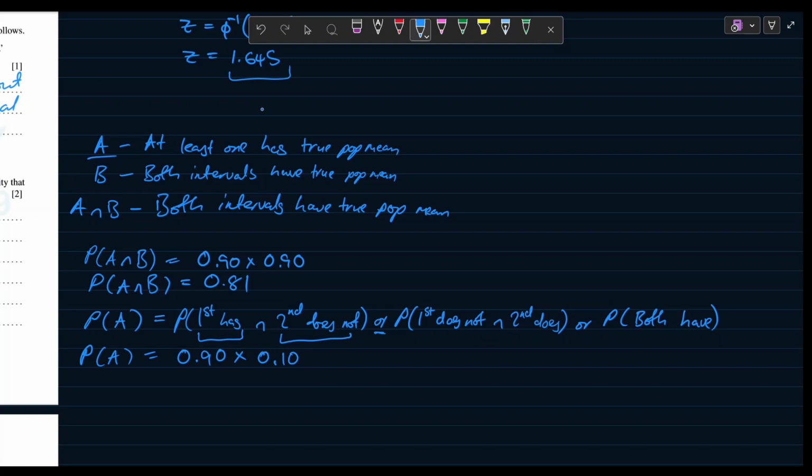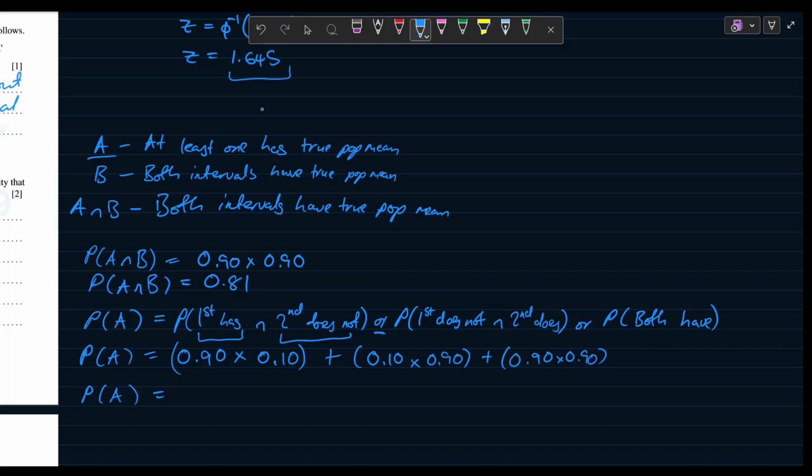Or, remember, "or" just means we're adding, or it could be swapped. So the first does not, which would be 0.10, and the second does, so 0.90, or both of them have, which is just 0.90 times 0.90. All right, and then let's just punch this into the calculator.